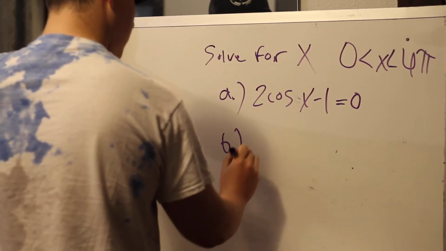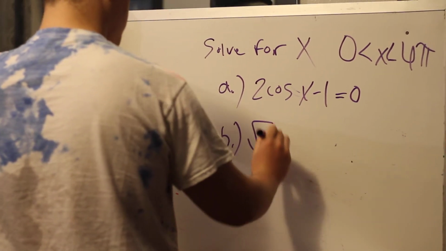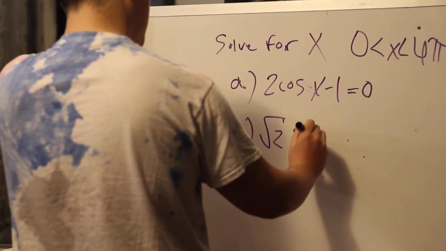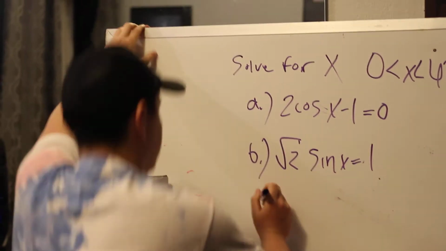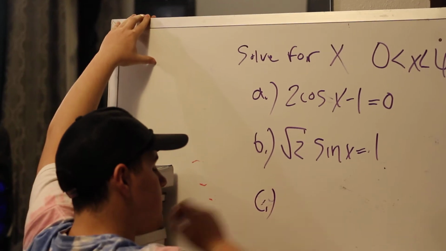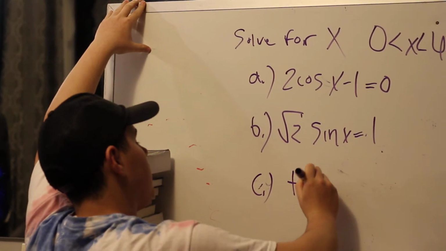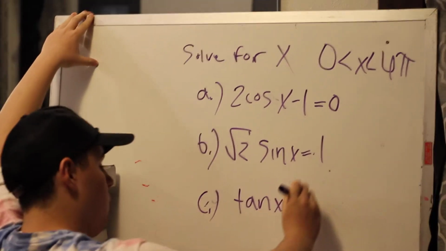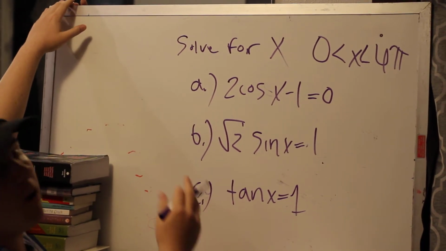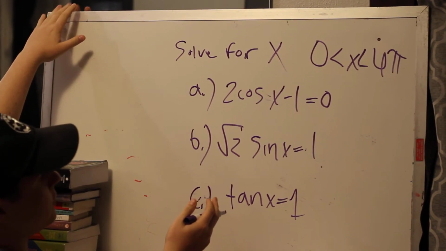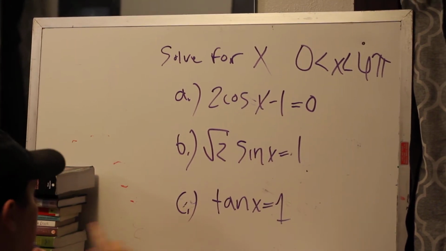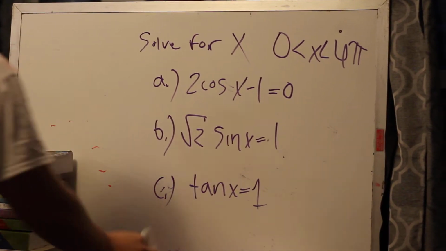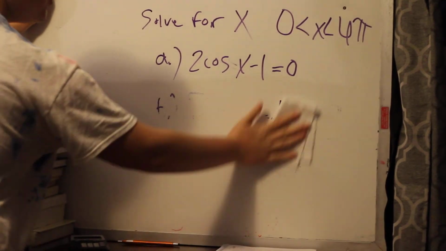B is square root of 2 sine x equals 1. And C is going to be tangent of x equals 1. What I want you to do is find all the possible solutions for x given the domain 0 to 4 pi. Pause the video if you need to.